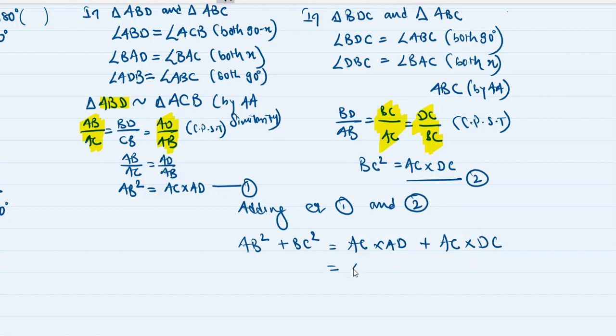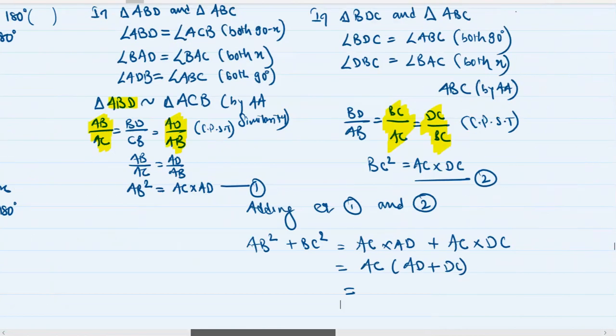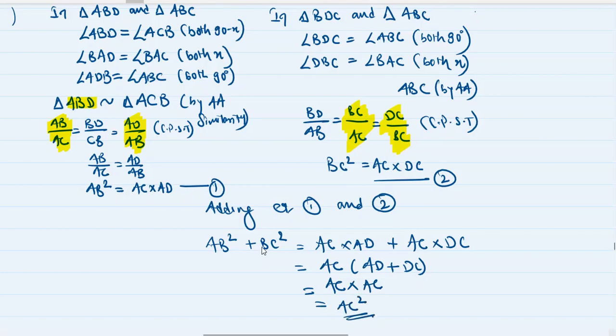Okay, AC will come out common. Here we will be left with AD plus DC. Now in the figure, if you see, what is AD plus DC? AD plus DC is AC. So this will be AC multiplied by AC, which is AC square. So AB square plus BC square is equal to AC square.